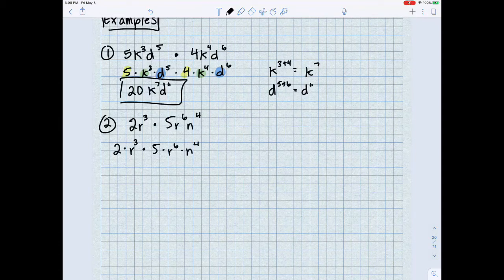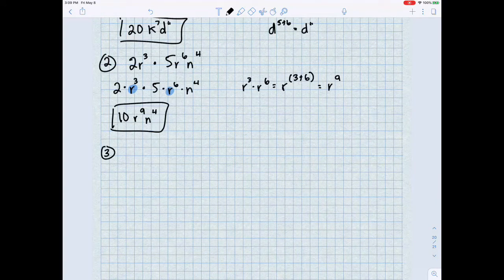So I know that 2 times 5 is 10. r to the third times r to the 6th is the same thing as r to the 3 plus 6th power, which equals r to the 9th power. So, right, those two bases are the same. I don't have anything else I can combine, but we can't leave out n to the 4th, so we just tack it on to the end. And that's our answer.